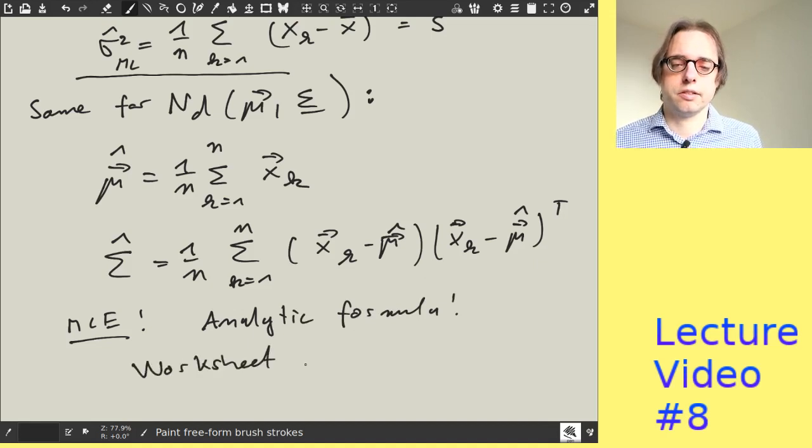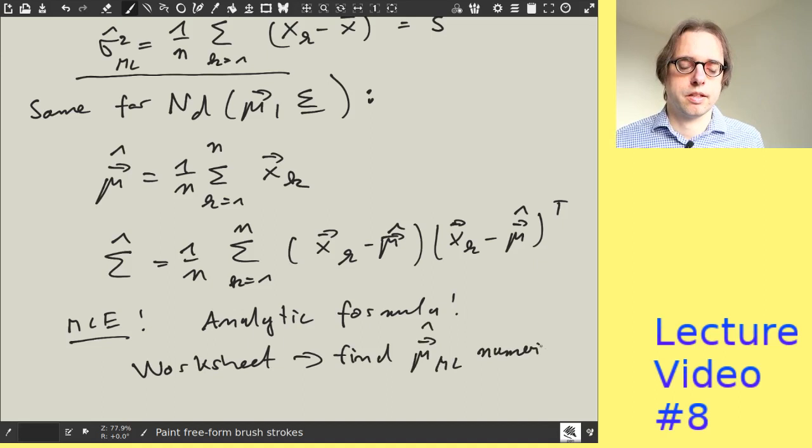In the worksheet I'll show you how to optimize the mean numerically. So find mu hat ML numerically by numerically computing the likelihood function and then maximizing.